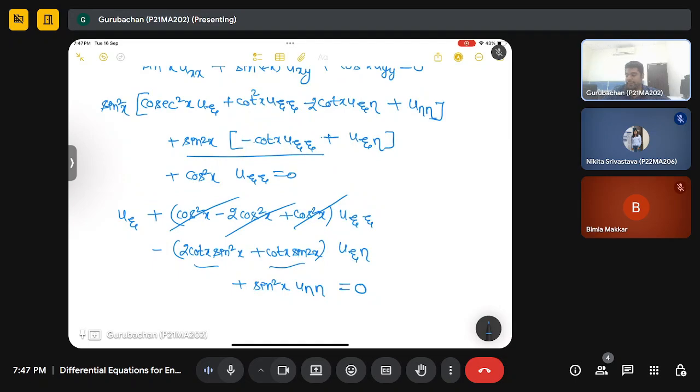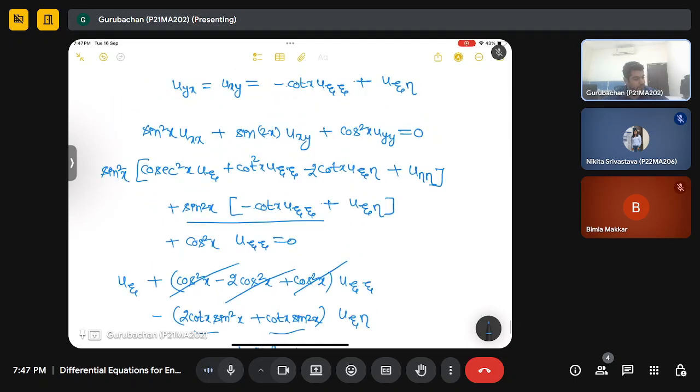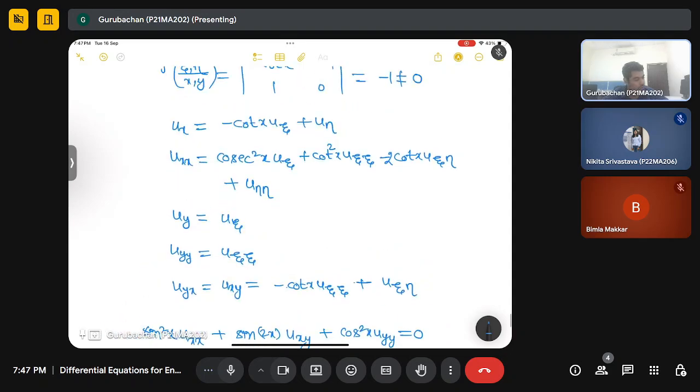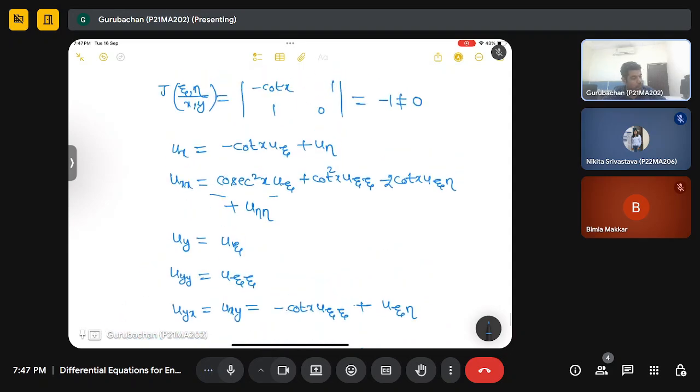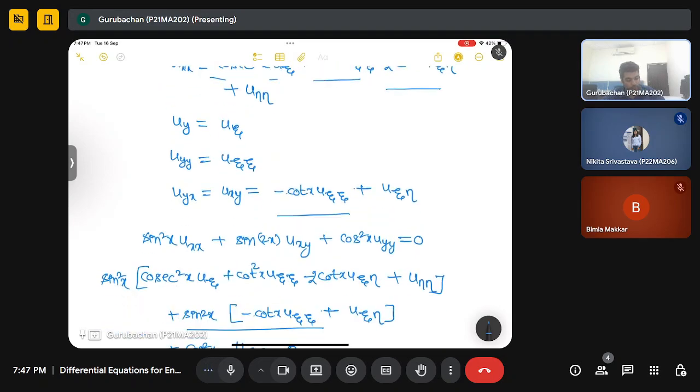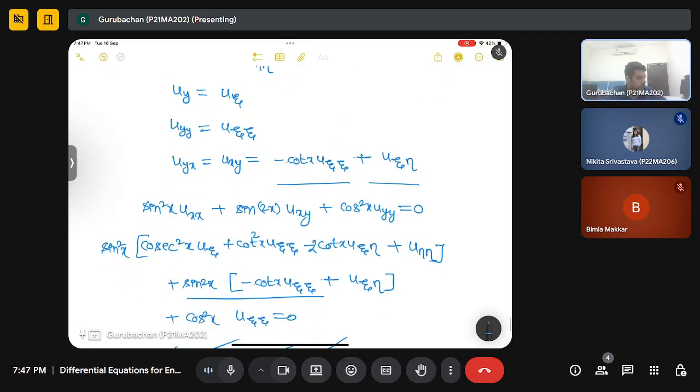If there is no calculation error, we have to just cross verify it. So our u xx was this one plus sine square x, this one minus 2 cot x. Okay, till now it is correct. And u xy is u xi eta, it is correct. Then u xi xi.